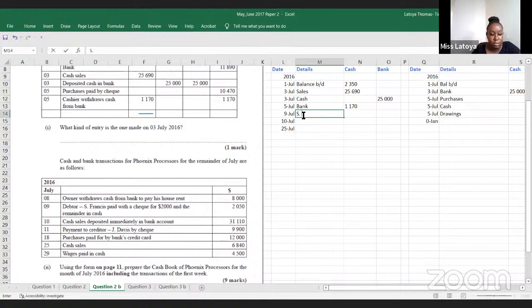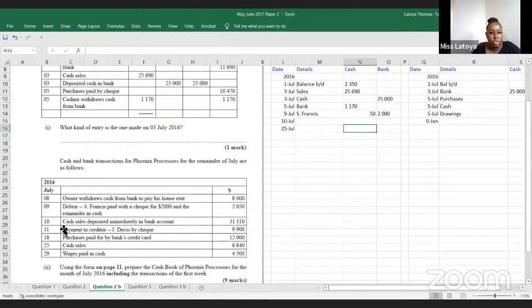Payments on this side, S. Francis. He paid 2,000 bank, and they told us the remainder in cash. And if the total amount is 2,050, then 2,000 will be in bank and 50 will be in cash. Okay. That's the 9th.